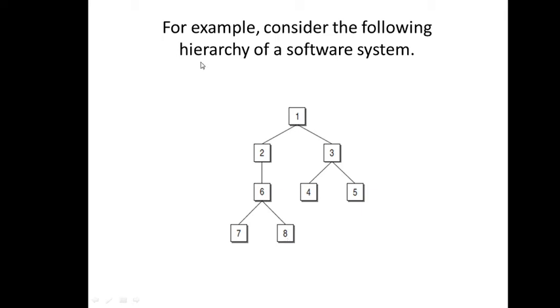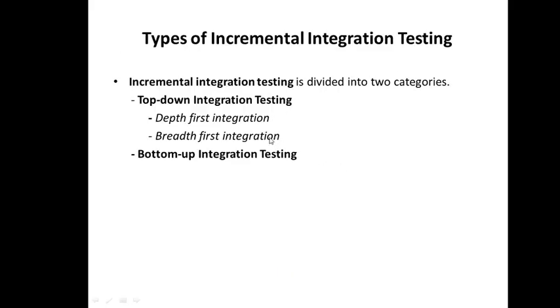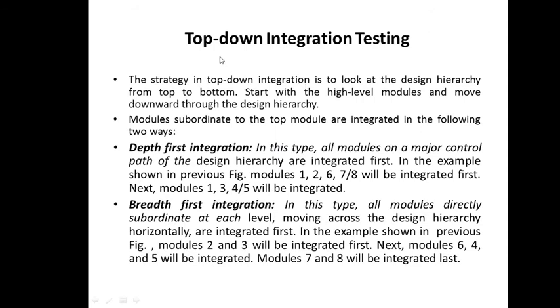So simply moving from top to down only, but with two approaches: either go depth wise, that is 1, 2, 6, 7, 8, and second will be 1, 3, 4 and 5, or go breadth wise. That is also top to bottom only: 2 and 3, then 6, 4, 5, and then 7 and 8. So these are the two approaches.